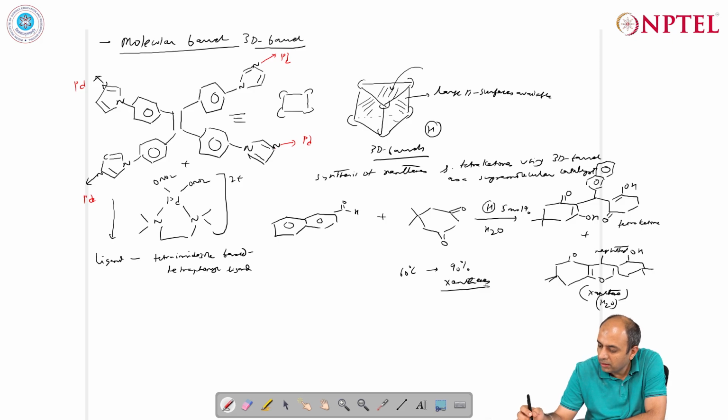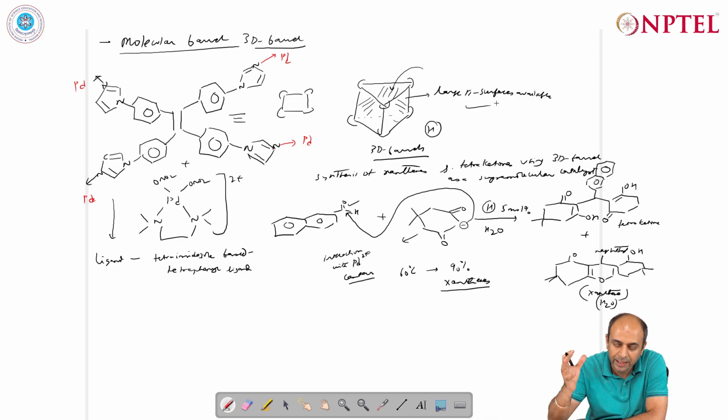xanthenes. It is also important to keep in mind that during this reaction, the anion is generated at this particular site, which performs the nucleophilic attack at the carbonyl reaction center. These kind of anionic centers are also stabilized by interaction with palladium 2+ centers, which are present in these 3D barrels.